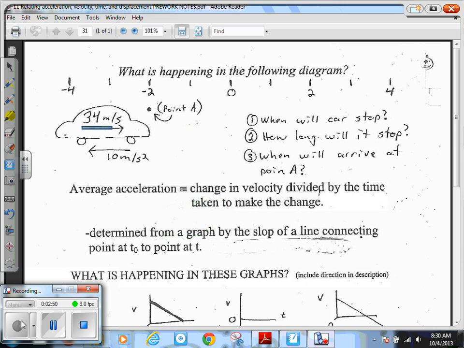For question number 2, how long will the car stop is the question. We've already done some mathematical stuff in our head. We think it's going to go about 57, 58 meters down the road before it hits 0 meters per second. But the more important question today, how long will this stop? Any answers? For an instant, thank you very much. Whoever offered that up, that is exactly right.